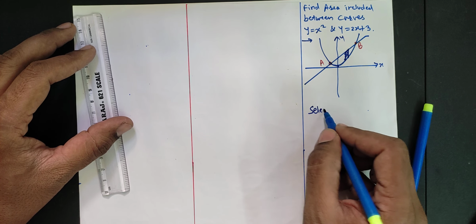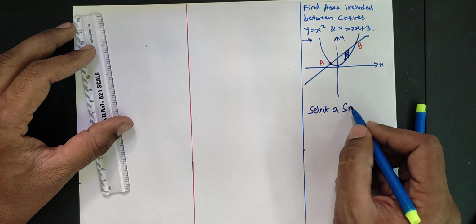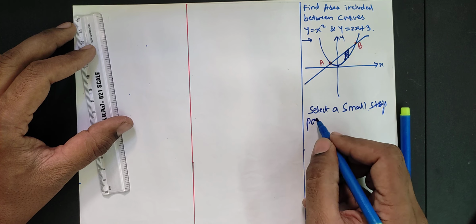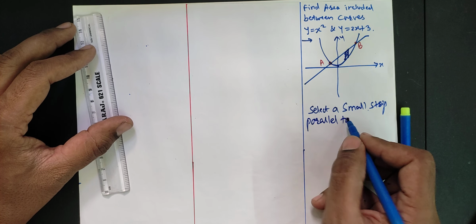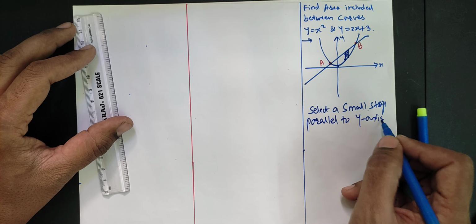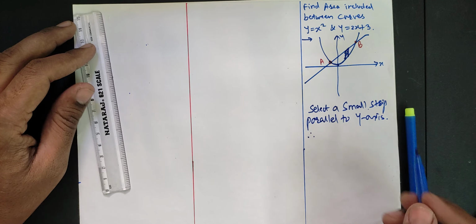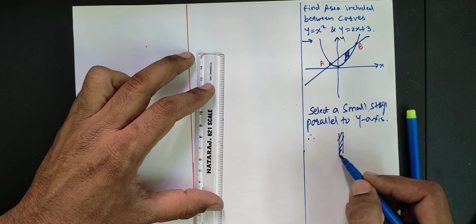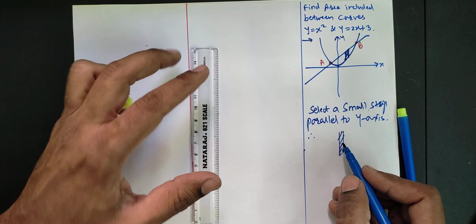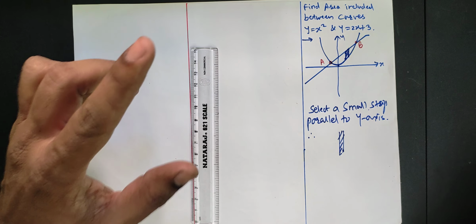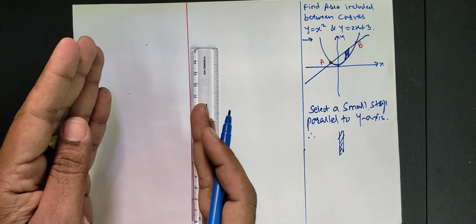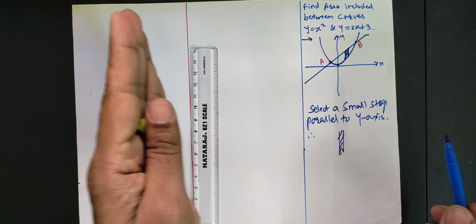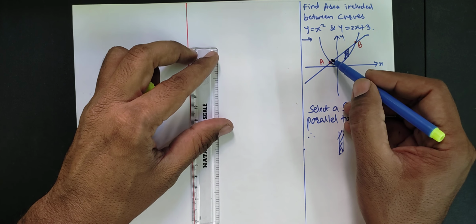We select a small strip that is parallel to the y-axis, so the strip is vertical. Whenever it is parallel to the y-axis, x varies from point A to point B. So the x limits are fixed now.